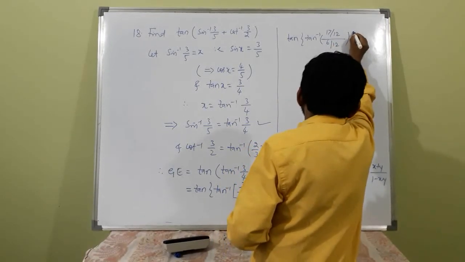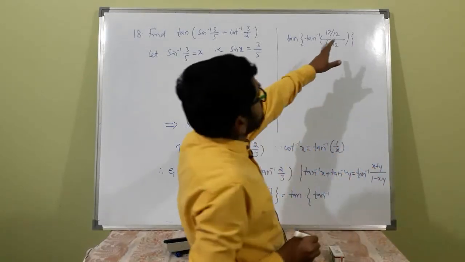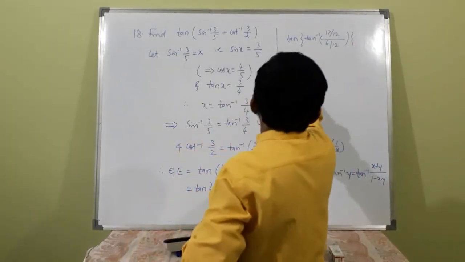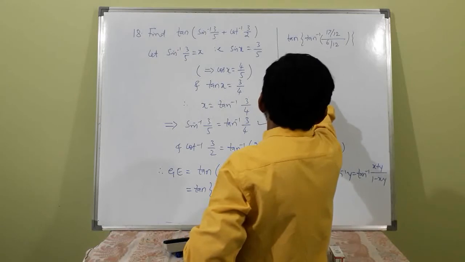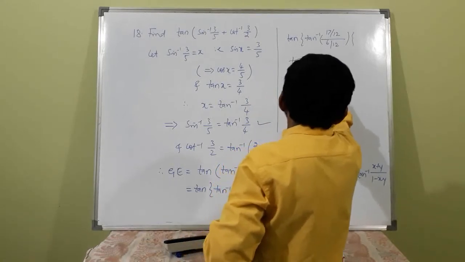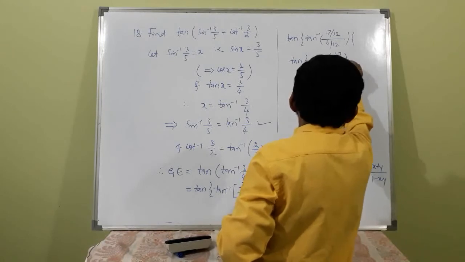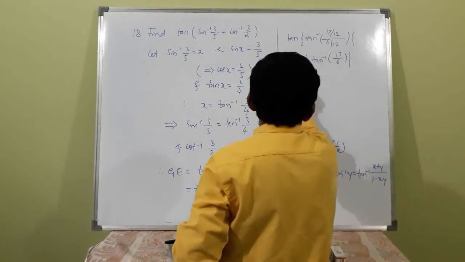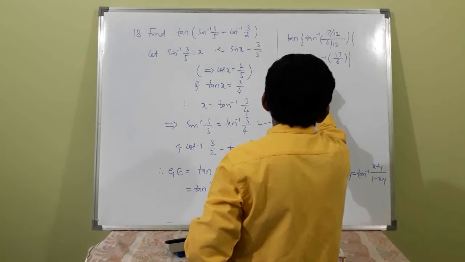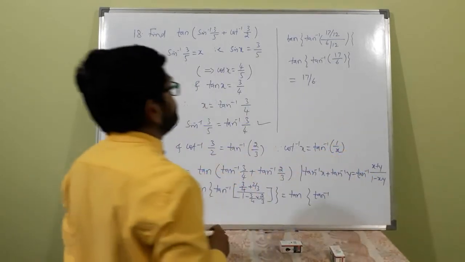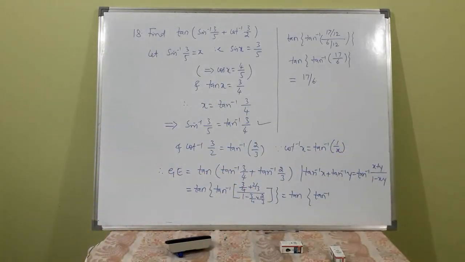Even directly you can write, because 12 will get cancelled there. Tan of tan inverse 17 by 6. So the answer is 17 by 6. Tan and tan inverse get cancelled there.